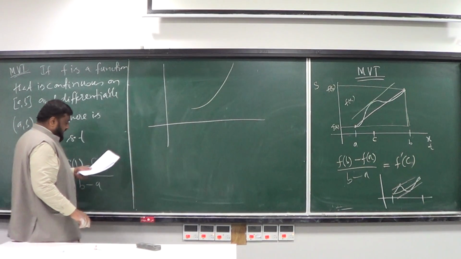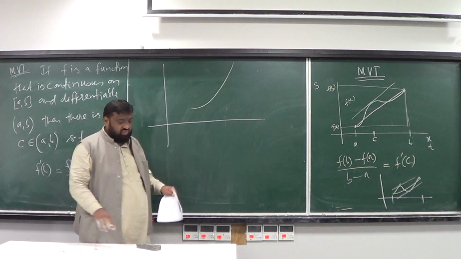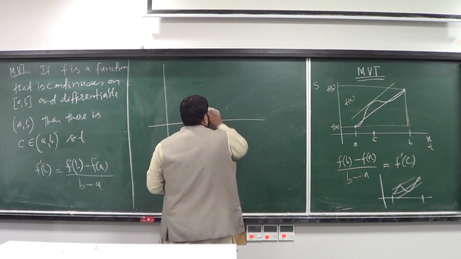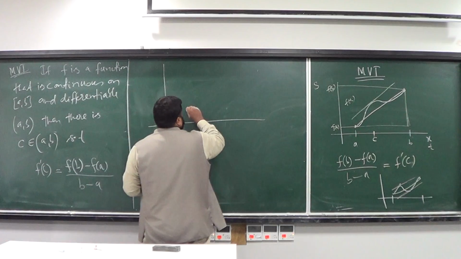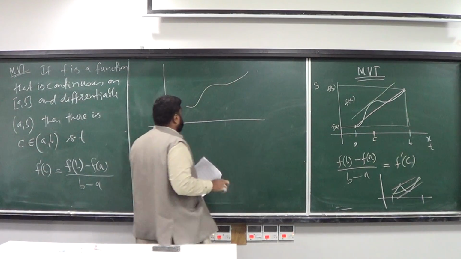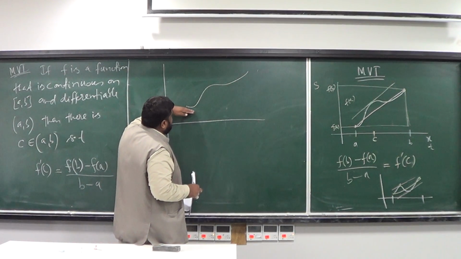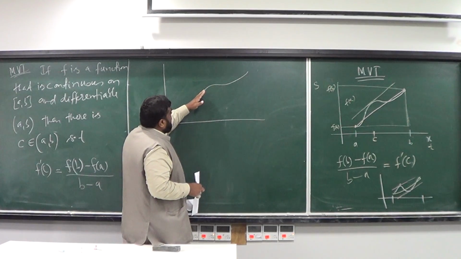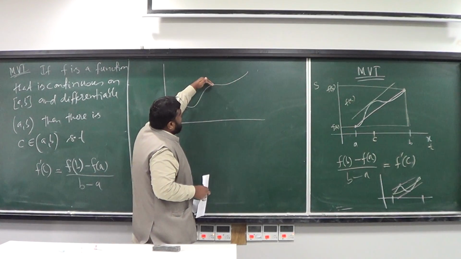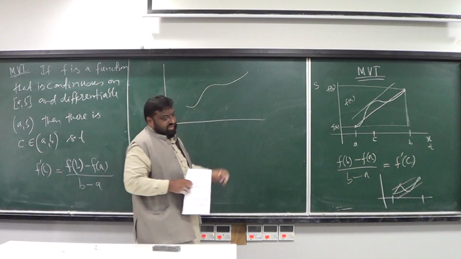Imagine I have a function that sometimes decreases and then increases, and then decreases, and then increases, and so on.